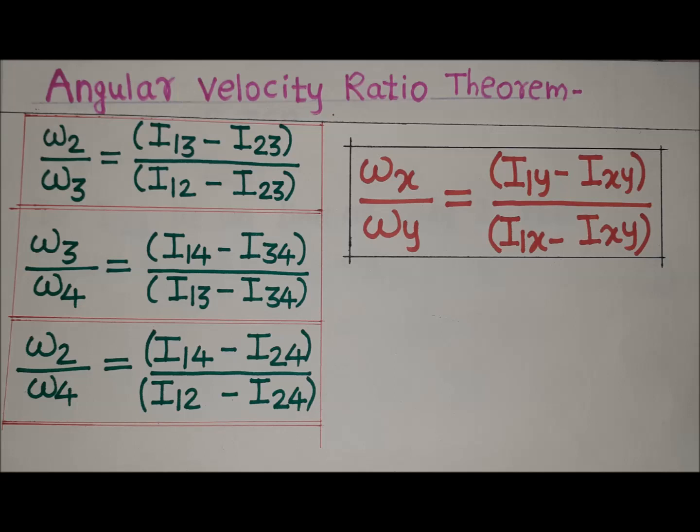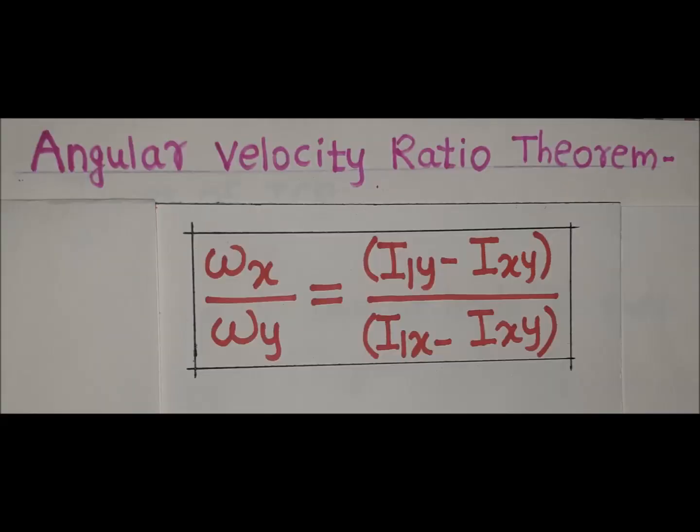That is, omega x upon omega y is equal to the distance between ICRs I1y and Ixy divided by the distance between ICRs I1x and Ixy. And this generalized relation will be applicable for all planar mechanisms.